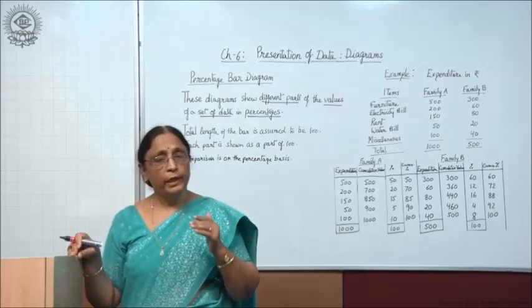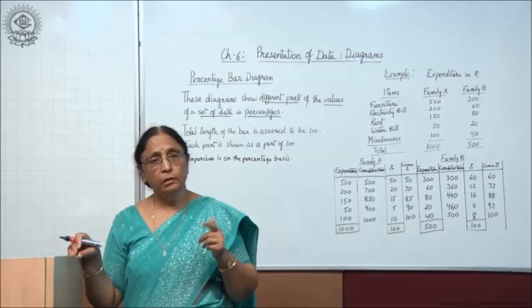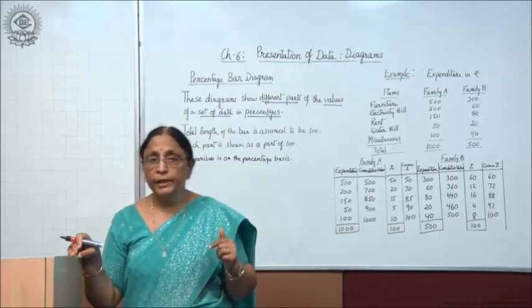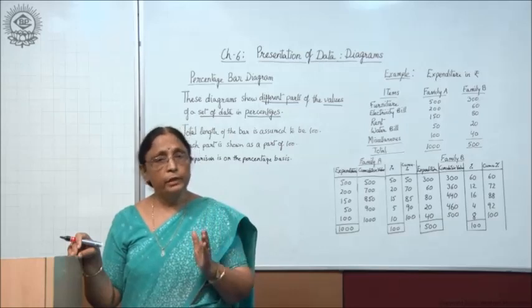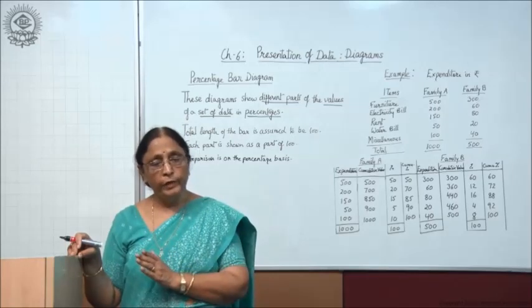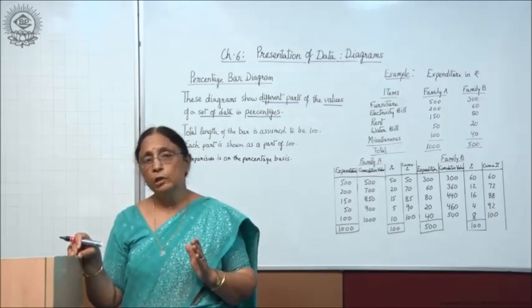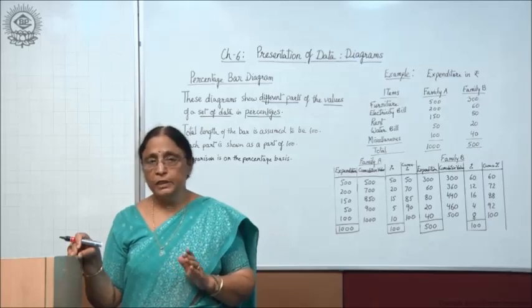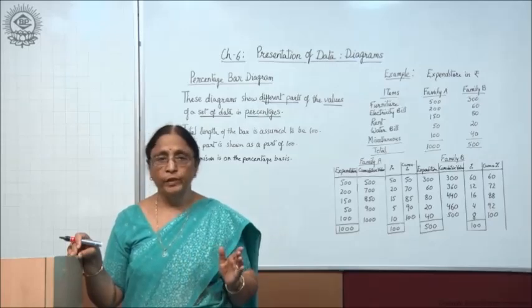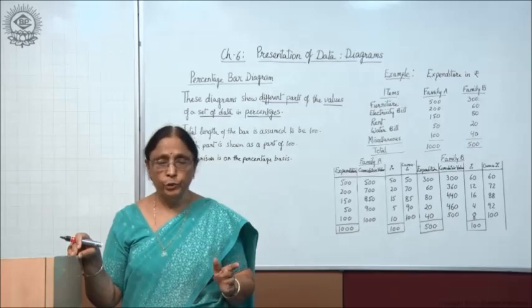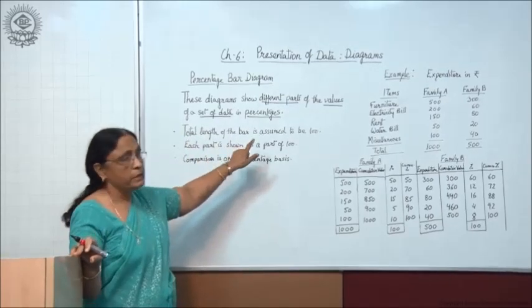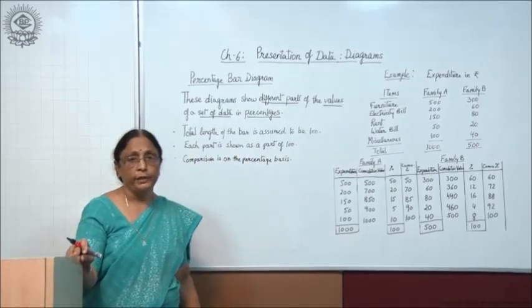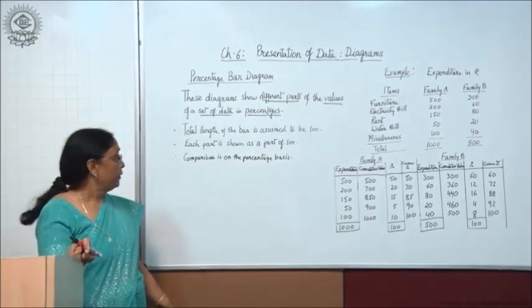Breadth of the bar and length of the bar were the same in the earlier bar diagrams. But here the length will be 100, that will be the same, but the breadth will vary according to the total value. I'll explain this with the help of an example, then it will be more clear. But one characteristic you should know: total length of the bar is assumed to be 100 in the percentage bar diagram.